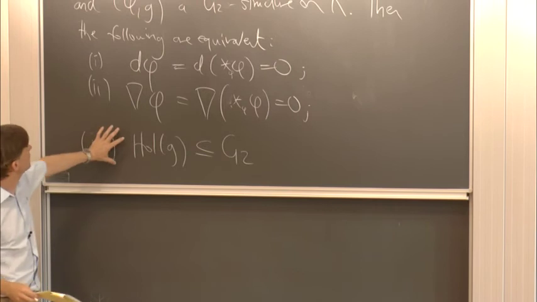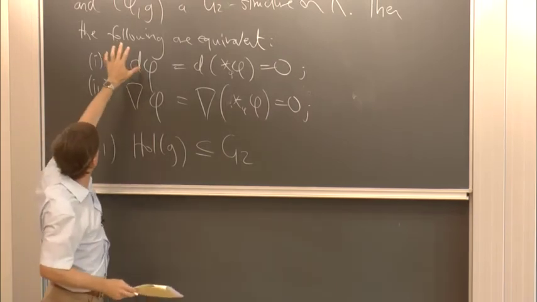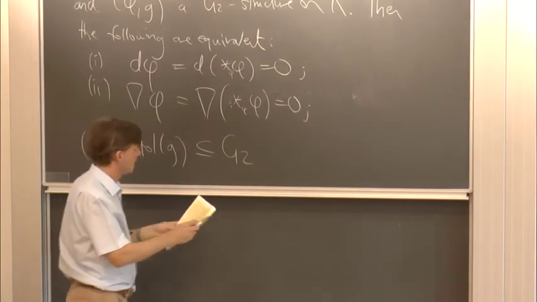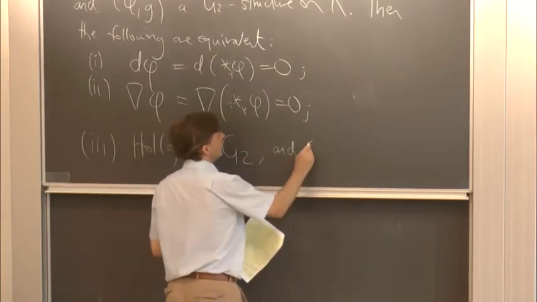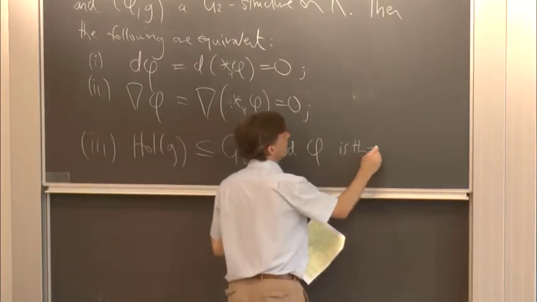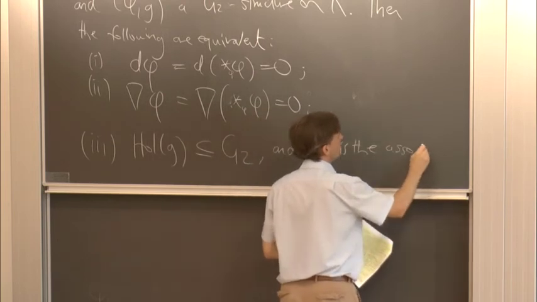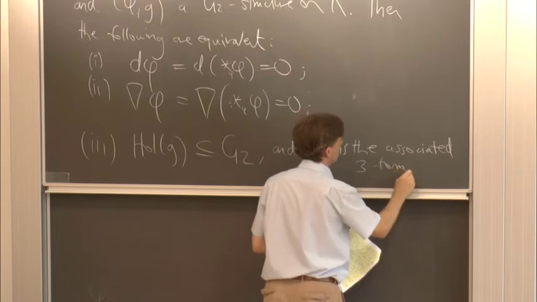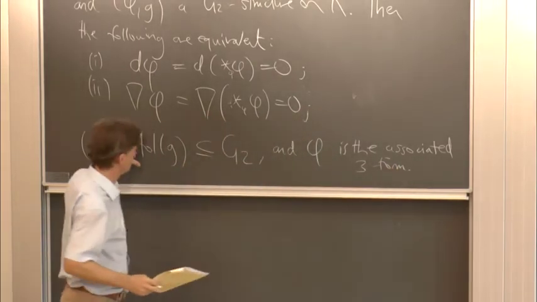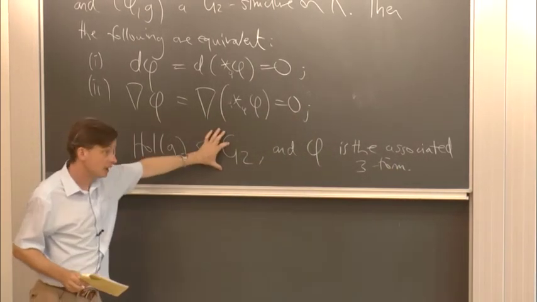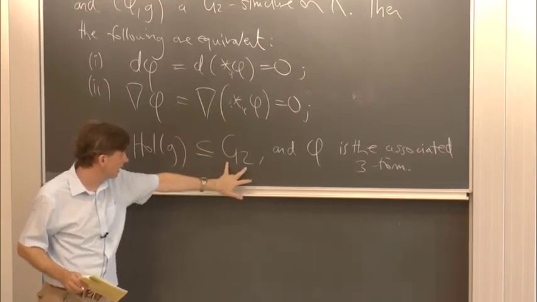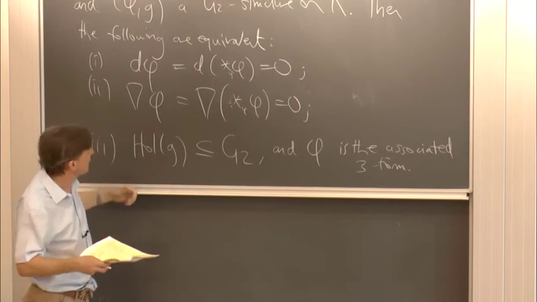That's not quite enough because you want phi to be attached to G in a specific way. So we say, and phi is the associated 3-form. That is, if you have a particular inclusion of the holonomy group of G in G2, then from that you can reconstruct the 3-form phi by some kind of parallel transport argument.